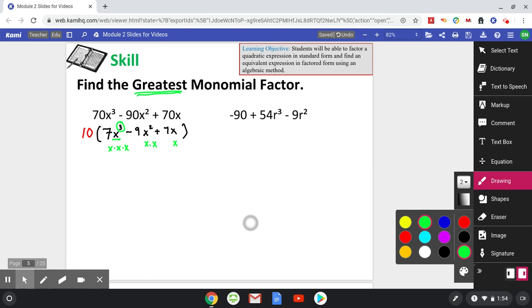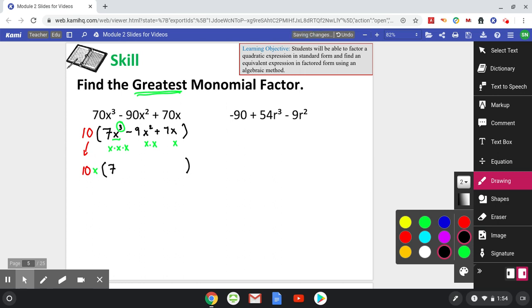That means that we will bring down the 10 that we had originally factored out and put out the letter that they have in common. In this case, they have an x in common on the outside, and we will write out the rest on the inside. The numbers we've already taken care of, so we will just bring them down. We bring down the 7.